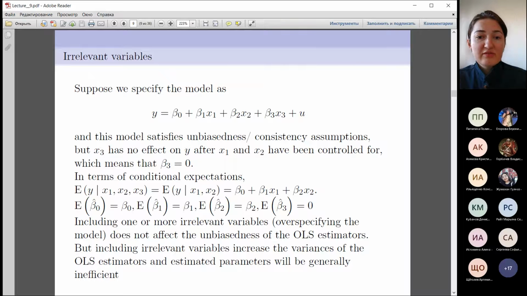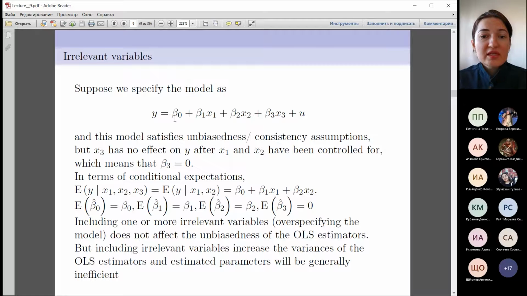Let's say that we specify some model with 3 explanatory variables, and this model satisfies the unbiasedness and, of course, consistency assumptions, but the last variable here, x3, has no effect on your dependent variable after you control for x1 and x2.